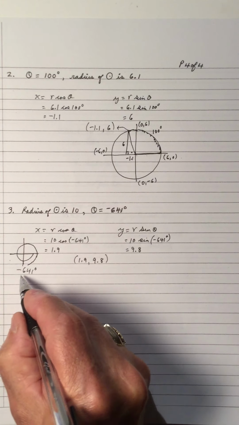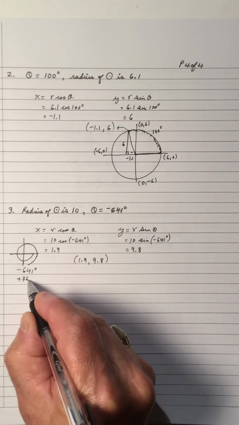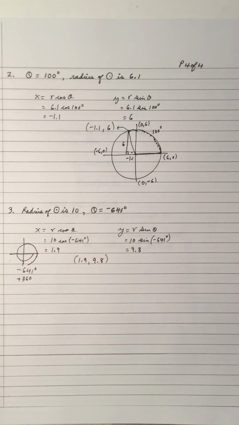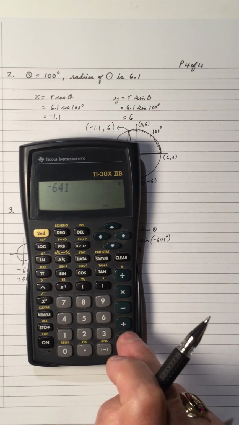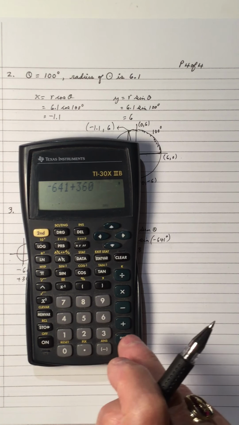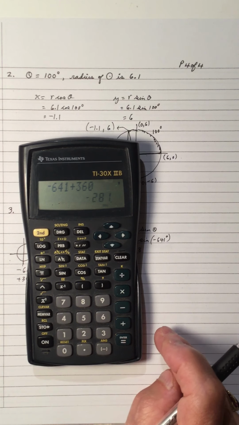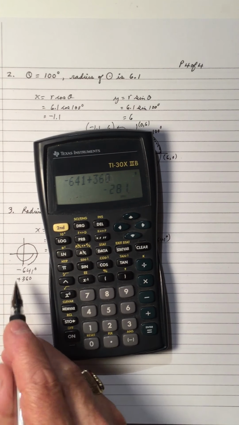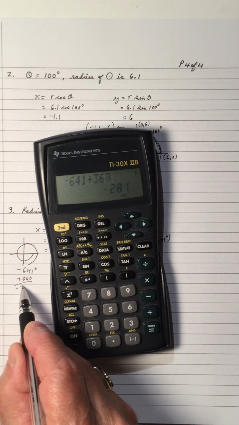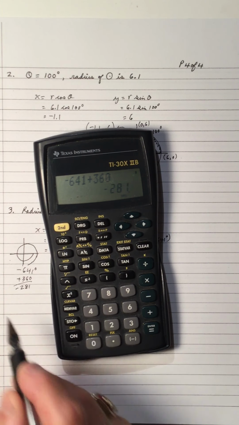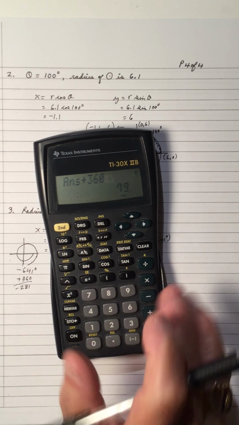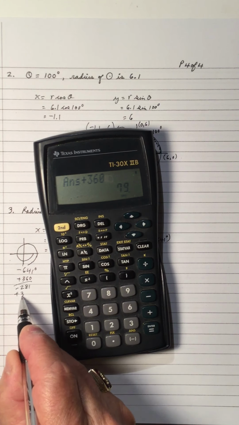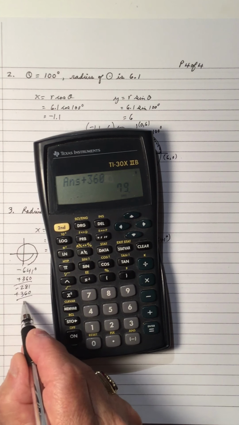But if you take a negative 641 and add on 360, you get a negative 281. If you add on 360 again, you get a 79.